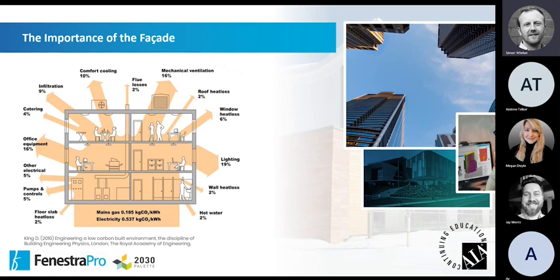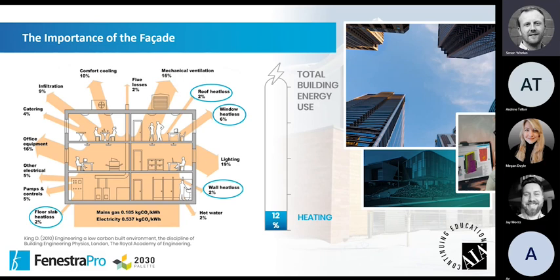If we take a typical building, a very nominal office building, and we look at the different energy uses of that building, we can see that heating, or in other words, heat loss, accounts for 12% of the energy of a building. So we lose 2% through our walls, 2% through our floors, etc., the opaque elements, but crucially, quite a lot, 6% through the glazed elements of the building.